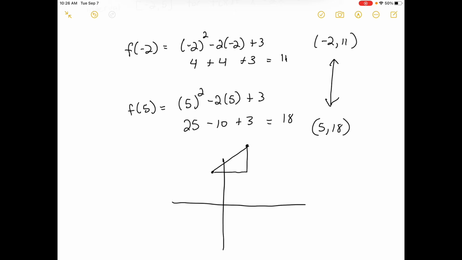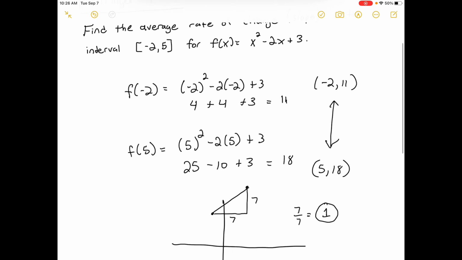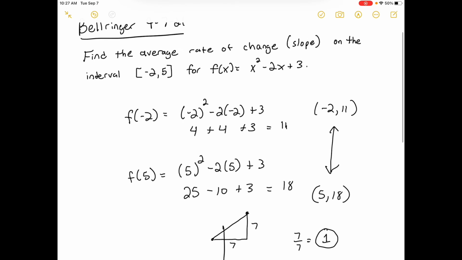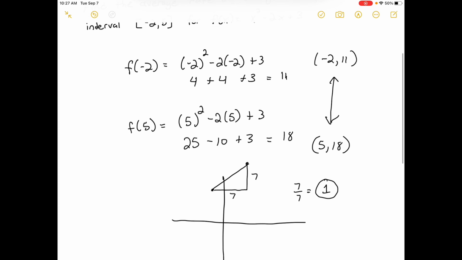The rise distance would be 7. The run distance from -2 to 5 would also be 7. And so my slope is positive 7 over 7, which is 1. So my average slope on that function, this is a quadratic function, from -2 to 5 would be 1.